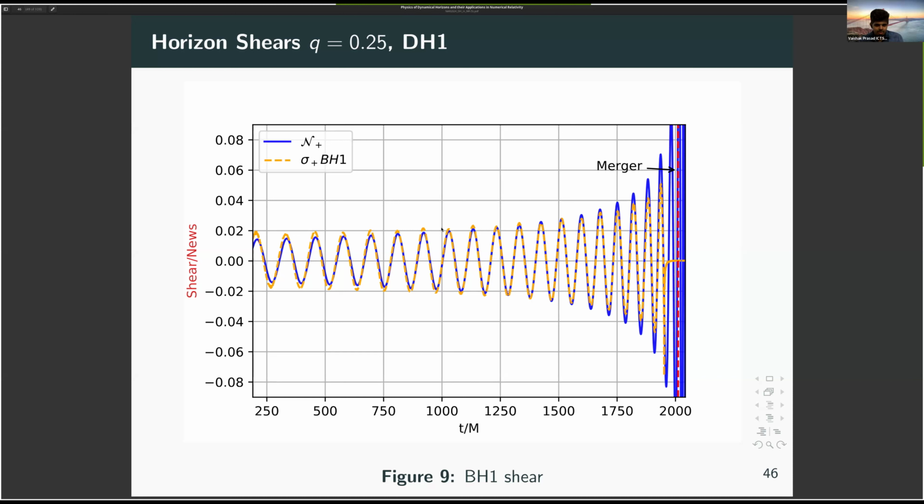The shear seems to have a familiar chirp-like behavior, which means it has increasing frequency and amplitude, much like the gravitational waveform, and they go hand in hand, in fact, all the way up to the merger. There is some deviation in the amplitude fall off, which we associate with the inaccuracies in the computations of the shear. But however, as you can see, the phase is matching very well.